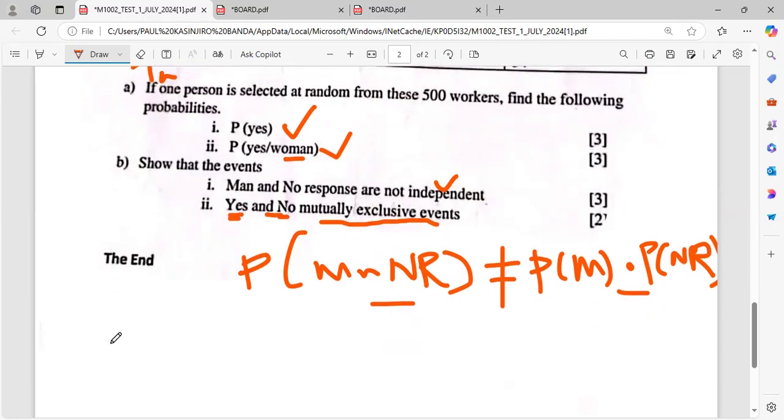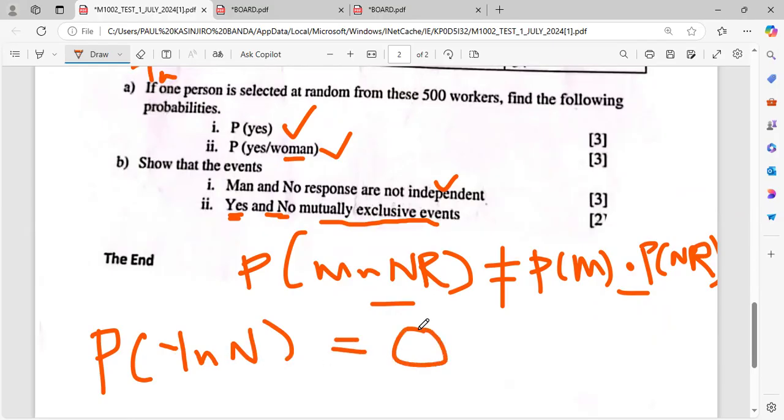Two events are mutually exclusive if their intersection is empty. So if yes intersection no is 0, then we say the event Y and the event N are mutually exclusive.